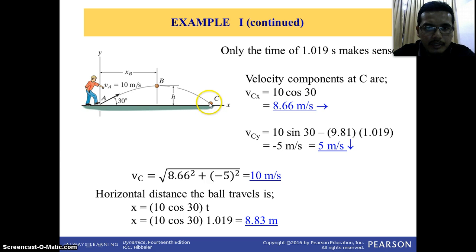So we have Vcx, 10 meter per second multiplied by cos 30. So the component Vcx is 8.66.